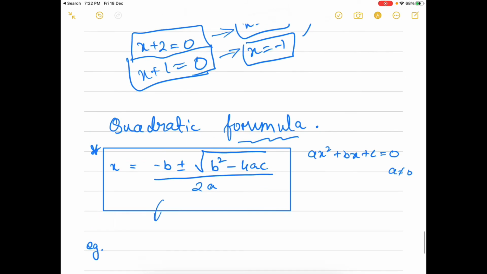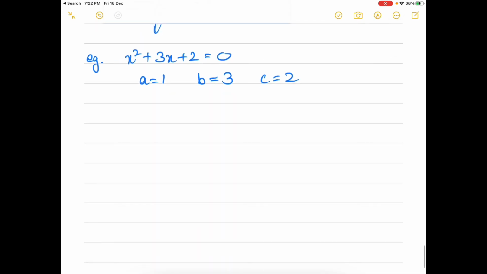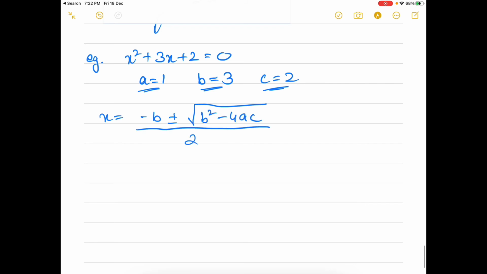Okay, so let's take the same example for now. Let the example be x square plus 3x plus 2 is equal to 0. Now here we can see a is equal to 1, b is equal to 3 and c is equal to 2. Now let's put the values of a, b and c in this formula. x is equal to minus b plus or minus under root b square minus 4ac divided by 2a.